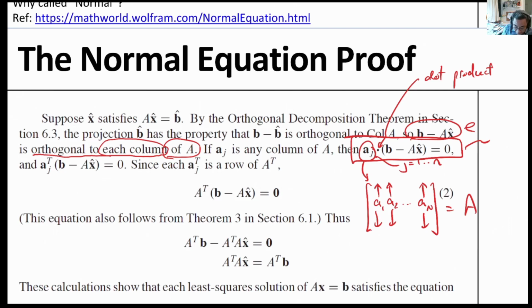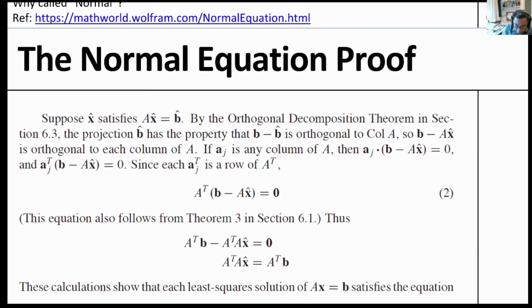The dot product can be represented in another way using vector to vector multiplication. What we do is that we turn the column vector into a row vector by saying Aj transpose, and then we are multiplying with the column vector b minus A x hat.